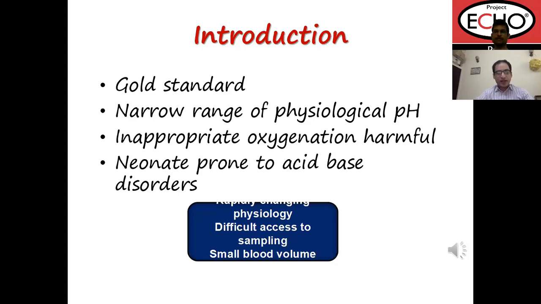So each time we stab them, we are consuming around 1% of their blood. Also, getting an arterial sample in a neonate is very difficult because of the small caliber of the vessels, and if there is extravasation or blood loss, it can lead to death. Also, there is rapidly changing physiology and various shunts across the heart like PDA, which makes interpretation quite a tedious job.